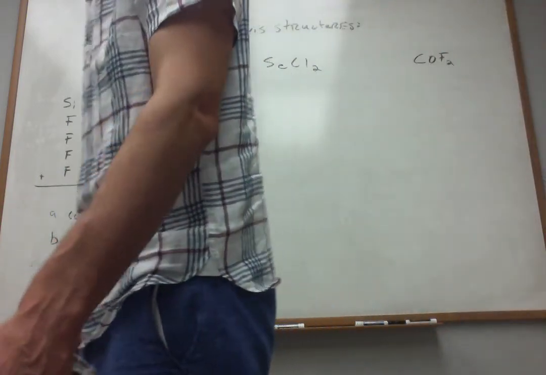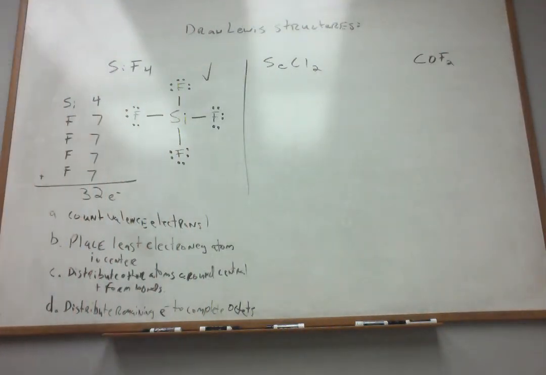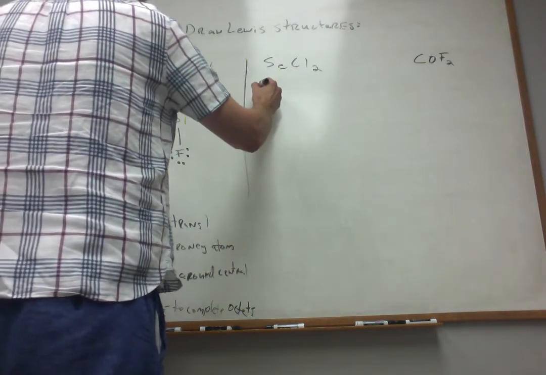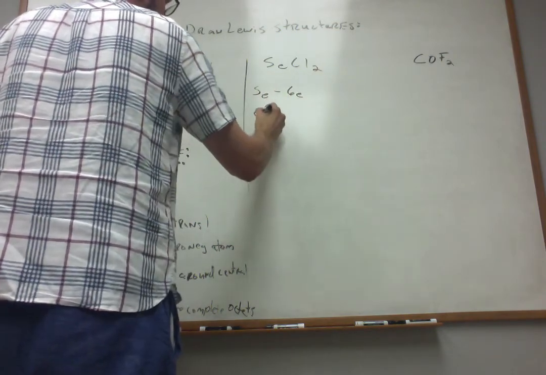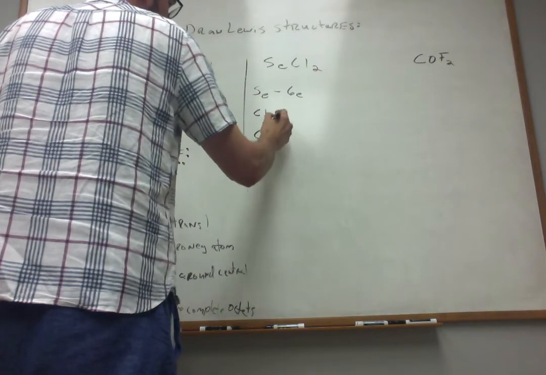SeCl2. Now, what's our first step? Think back to the list. Count valence electrons. See what you're working with. You've got to locate the elements on the periodic table. Se is a 6A main group element, which means it's got 6 electrons. I've got 2 copies of chlorine.